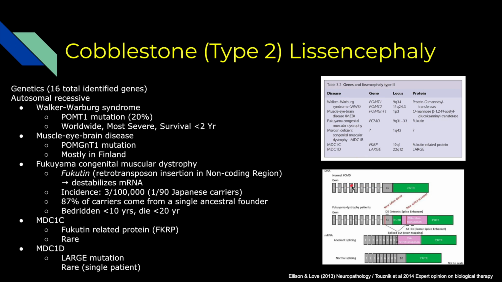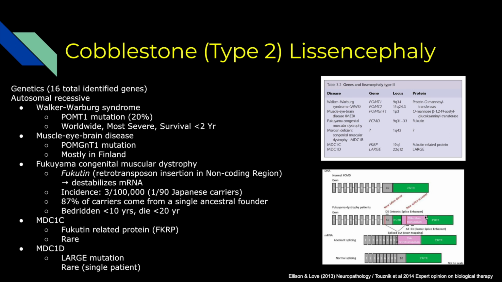This is the normal mRNA sequence with these 10 exons and this untranslated region, and really the defect in these cases is this retrotransposon insertion into the non-coding region that leads to this aberrant splice site that causes a defect in the final exon and destabilization of the mRNA, leading to degradation.